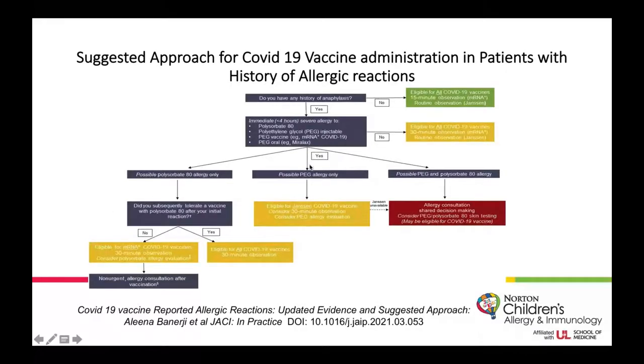If you have possible PEG allergy only, you are eligible for the Johnson & Johnson vaccine with a 30-minute wait. And if you have a history of an allergy to polysorbate 80 only, you're essentially still eligible for all COVID-19 vaccines, especially since a lot of the pediatric population, I think, will come under this category, that they essentially tolerated polysorbate 80 before the COVID-19 vaccine.